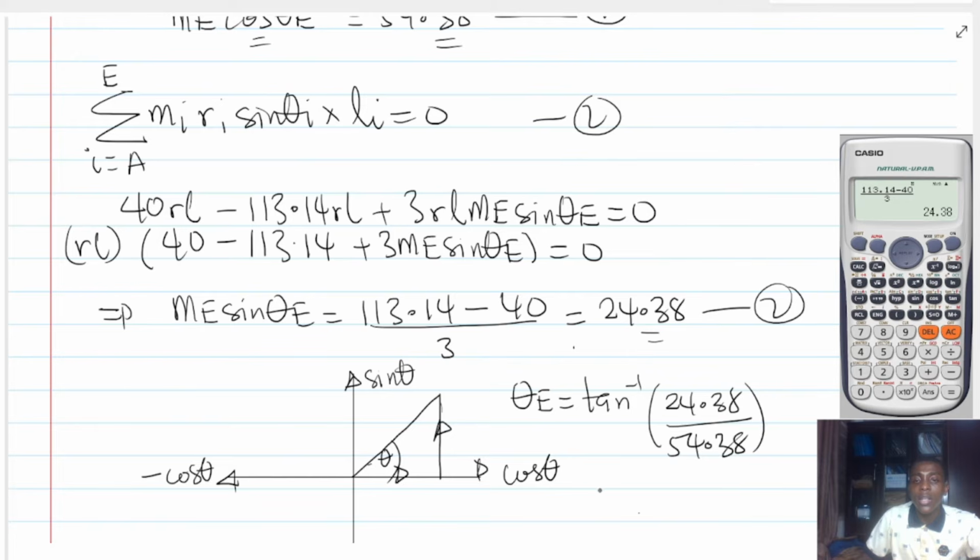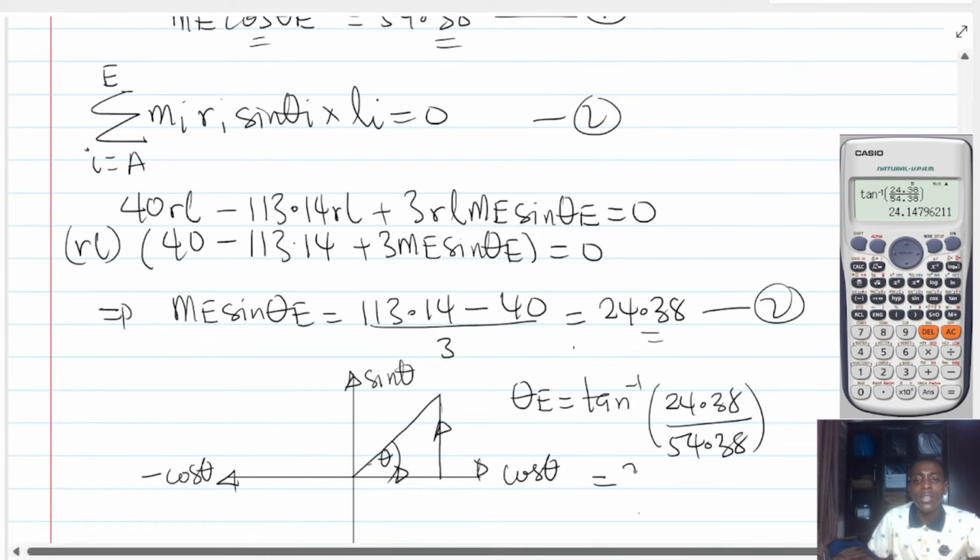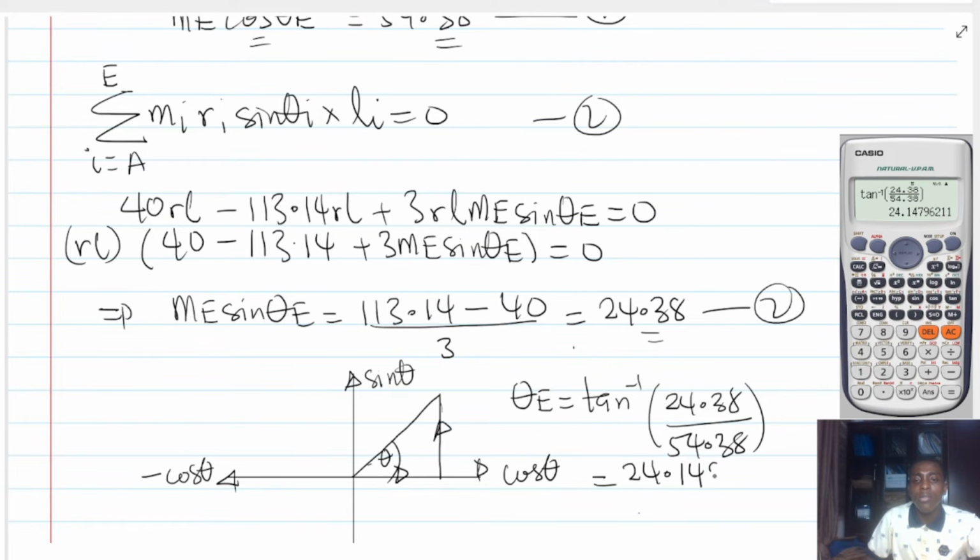So tan inverse of 24.38 divided by 54.38. What is that? I'm going to get 24.148. All right. So that is theta E for you.